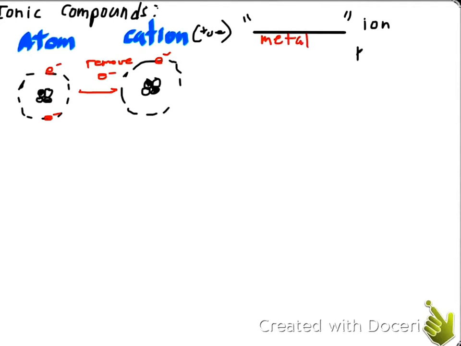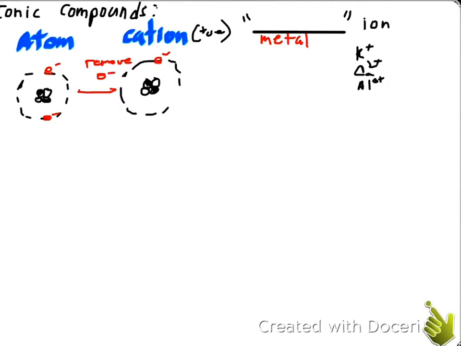When you name it, it's pretty simple. Basically, it's the name of that metal, and then ion. So if you're looking at potassium and you took off 1 electron, it would be a potassium ion. Calcium would be a calcium ion, and aluminum would be an aluminum ion.